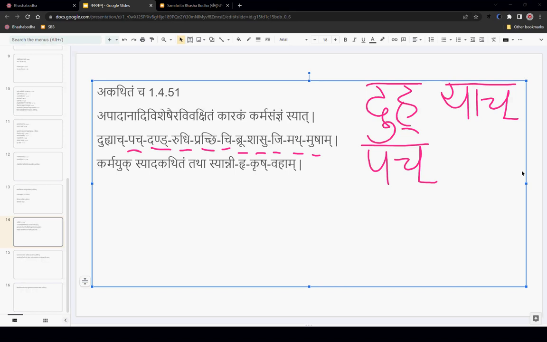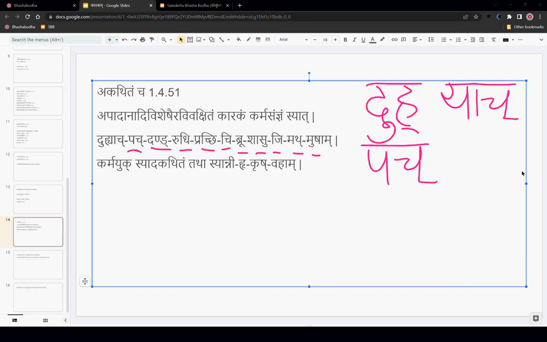Tandula is also a karma pada, and odana is also a karma pada. How can it be? Because the kriya's effect is taking on both, tandula and odana. Easy. But in other cases, it may not be that straightforward to understand, conceptualize, translate and reason why the other word also gets the karma sanjna. It may be difficult to comprehend.